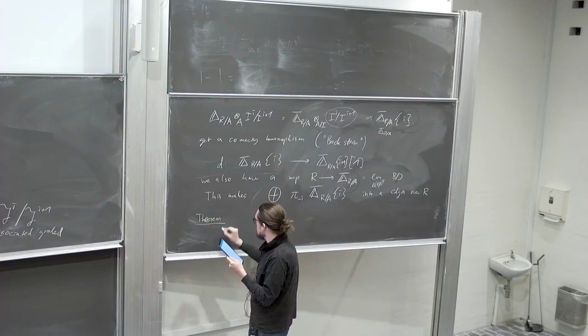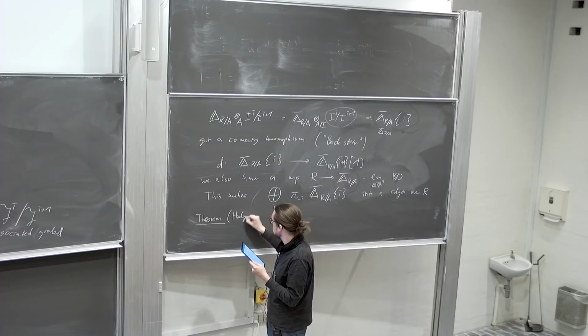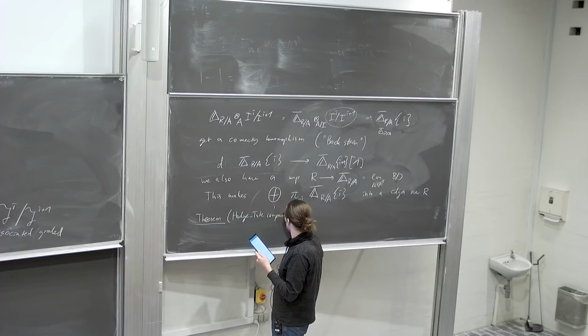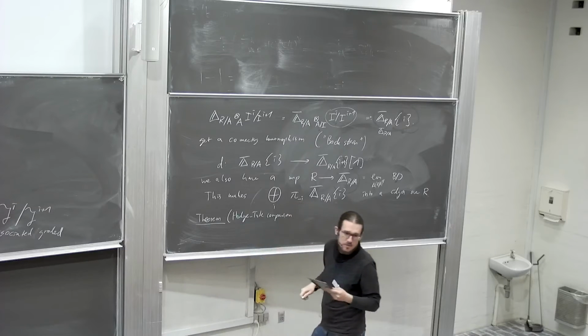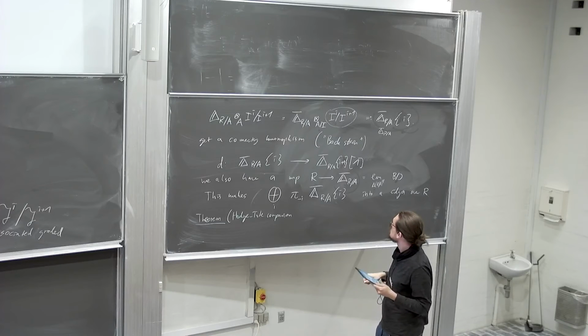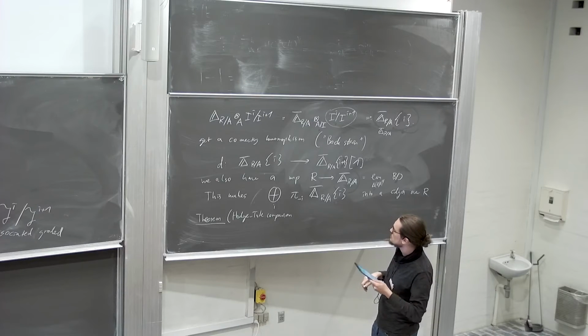and here's what you can say about this. So this is called Hodge-Tate comparison. Yeah, this should be in this Beilinson filtration that Ben described yesterday.